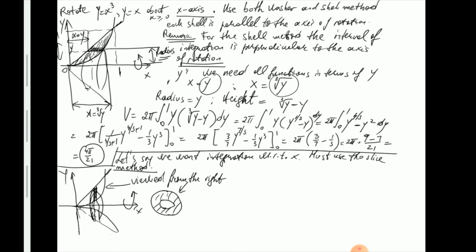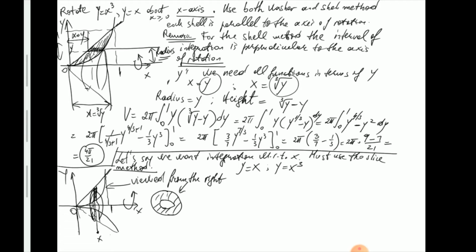Okay, but now the integration, like I said, is with respect to the x-axis. So each washer is identified by a typical coordinate x, and by the way, now we use functions with respect to x, because the variable of integration is x. So the top function is y equals x, the bottom function is y equals x cubed.